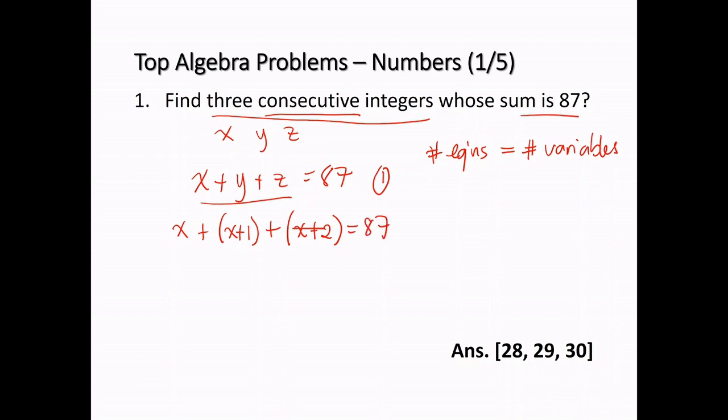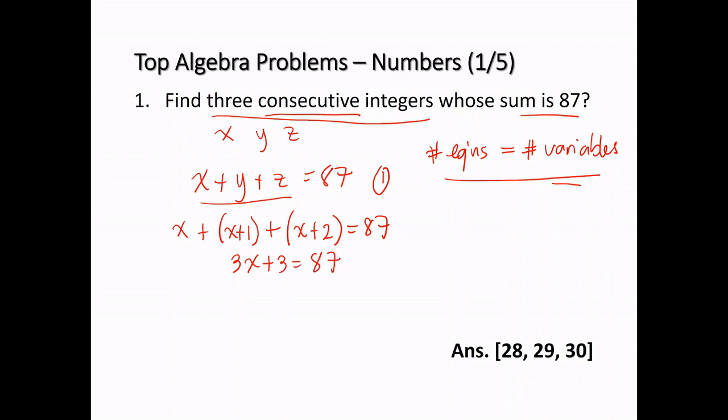Now our equation follows the rule: the number of equations is equal to the number of variables. So we can simply add all the x's: you have 3x plus 3 is equal to 87.